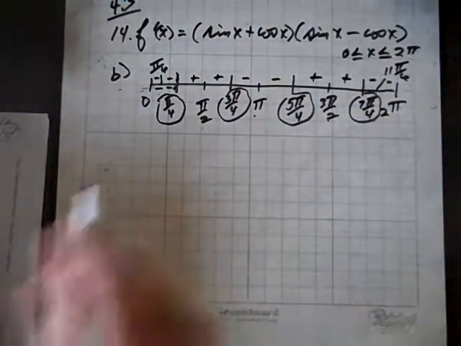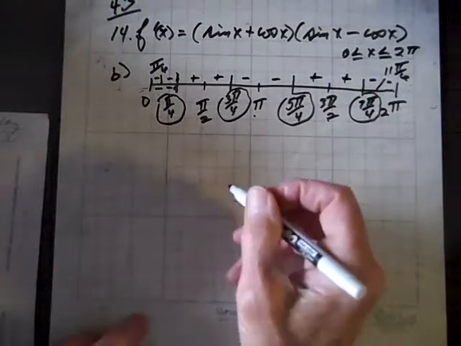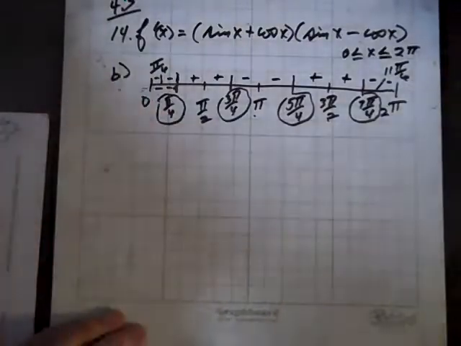Okay, so let's see, what did it want us to do? On what intervals is f increasing, what intervals is it decreasing?